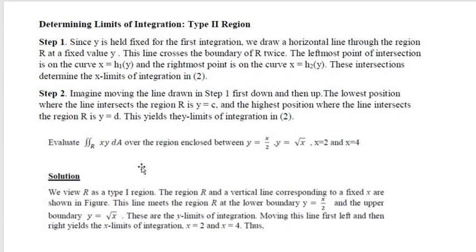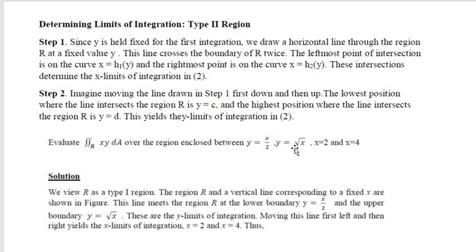Example, evaluate the double integral over R x y dA over the region enclosed between y equal to x by 2, y equal to root of x, x equal to 2 and x equal to 4. Consider this as a type 1 region, so that the limits of y is from x by 2 to root of x.